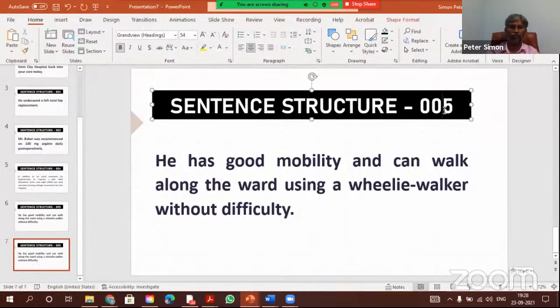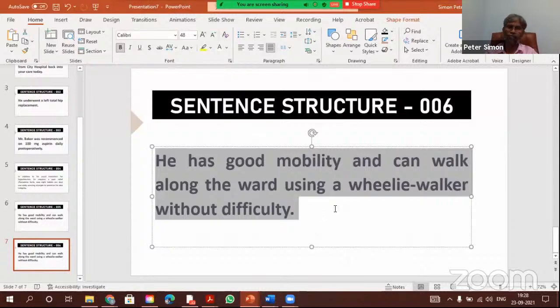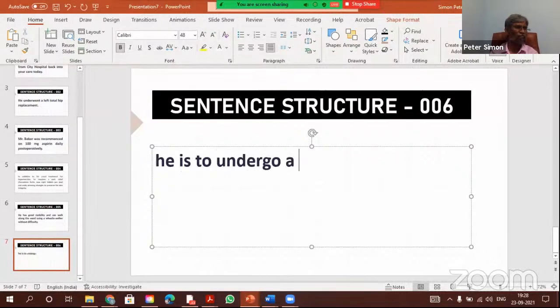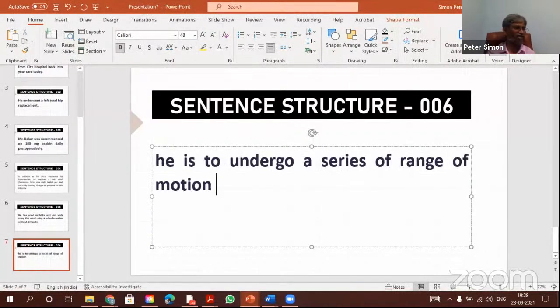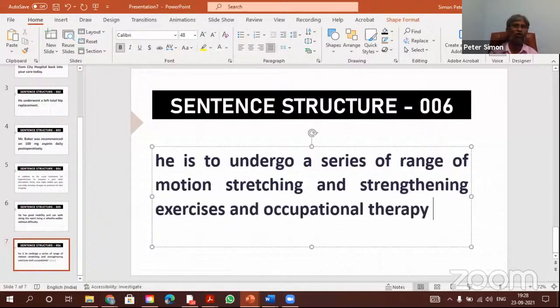Sixth one. He is to undergo a series of range of motion, stretching and strengthening exercises, and occupational therapy to ensure a full recovery.